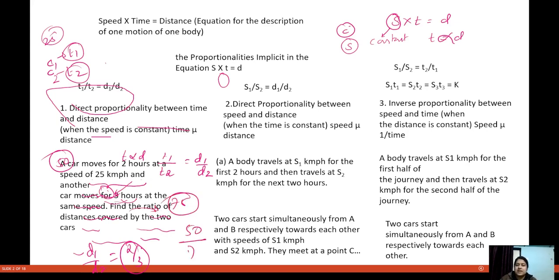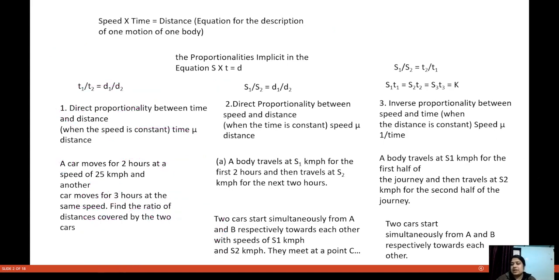If you take the ratio, obviously 25 two times and 25 three times, you get the ratio 2 is to 3. Okay, so we don't have to calculate by this method. We just have to see that whatever be the ratio of the time, that will be the ratio of the distance itself. Okay, so that is it.